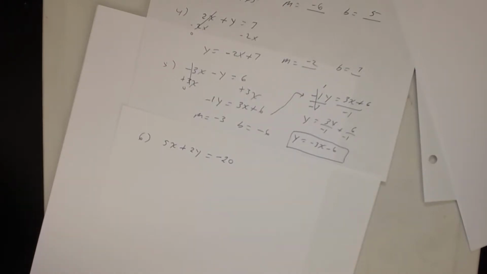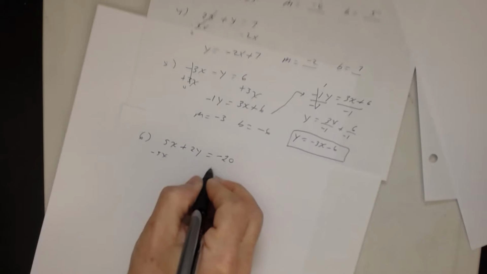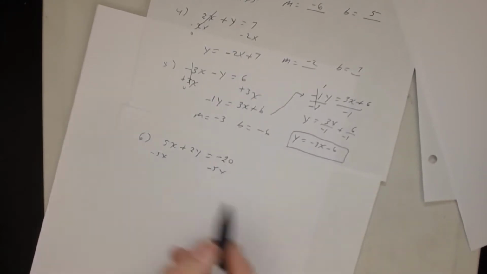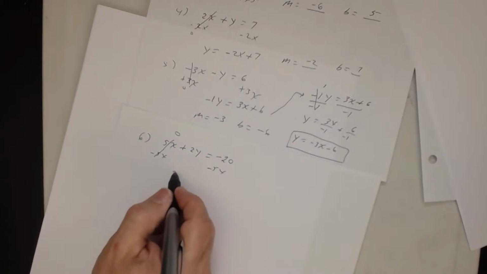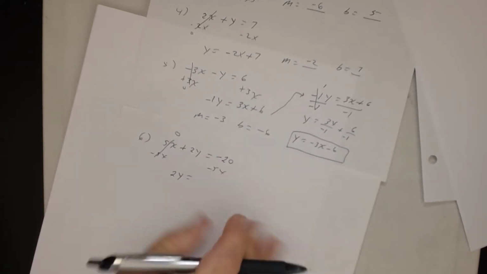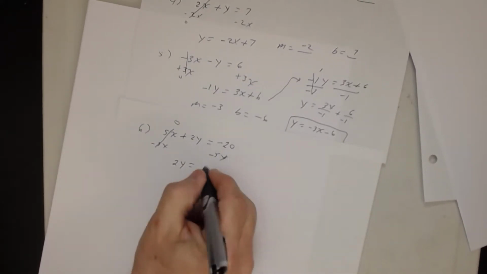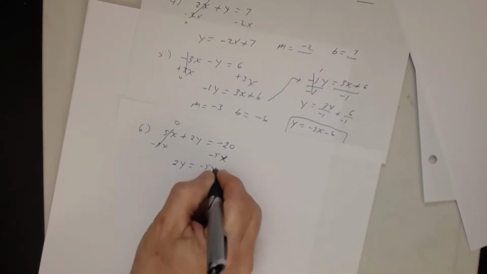To find those, you need to get in what form? Slope-intercept form. Slope-intercept form is where you get what letter by itself? Y. So I'm going to subtract 5x from both sides. Combine like terms, that's 0. What's left on the left? 2y equals -5x minus 20. Good.